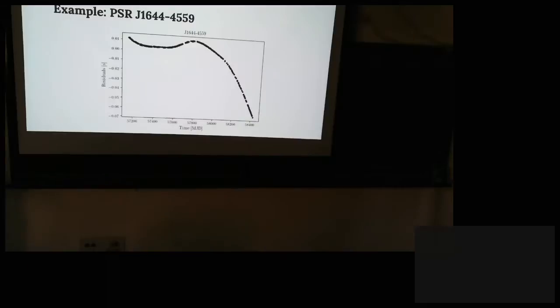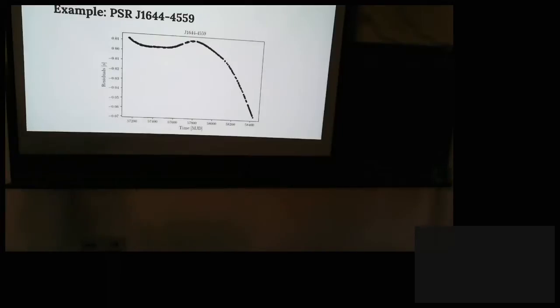So in order to get the best results out of Temponest and even Tempo2, you do need to keep track of the pulse numbers. You need to have what's known as a phase-connected solution, and indeed you need to make sure that you know exactly which pulse has occurred when throughout your data set.